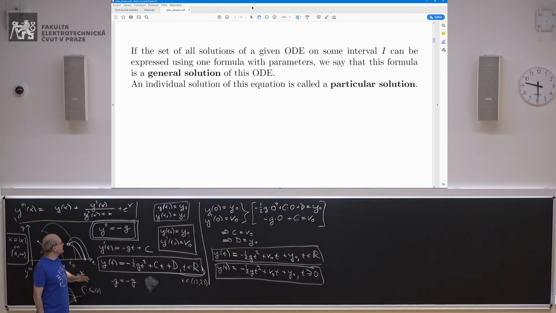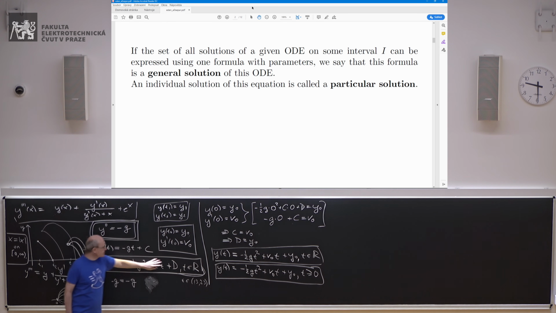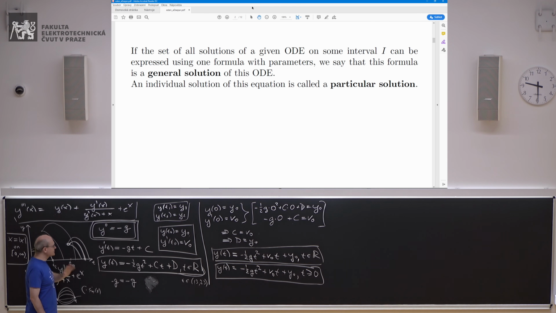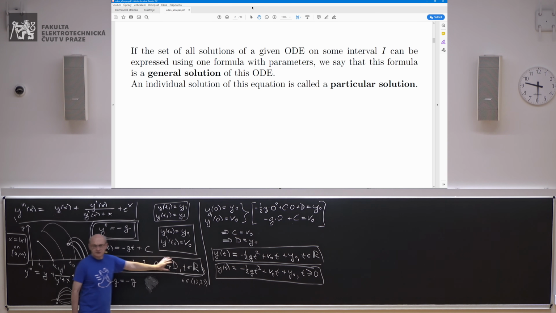When we are solving a differential equation, sometimes we get really lucky and we actually obtain a formula which captures all possible solutions. I didn't talk about it here, but yes, this formula captures all solutions. There is no other type of a solution. So that's very useful if you have something like that, because you have a complete description of the situation.